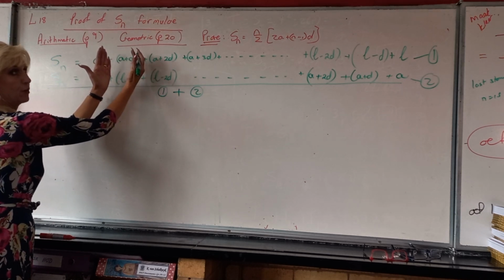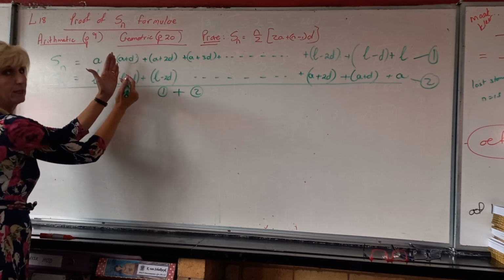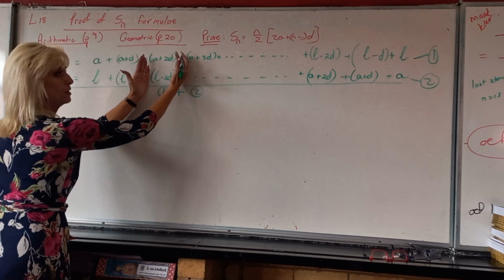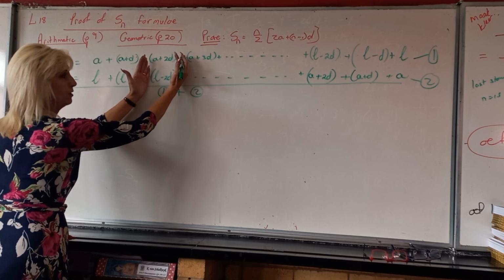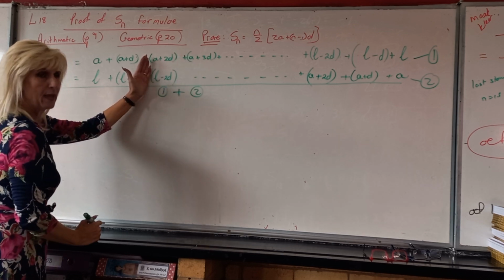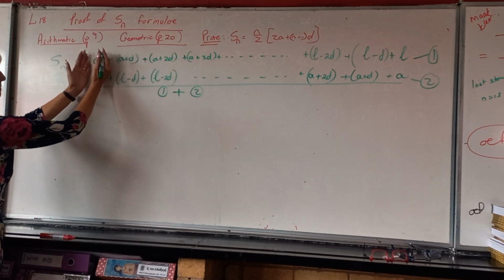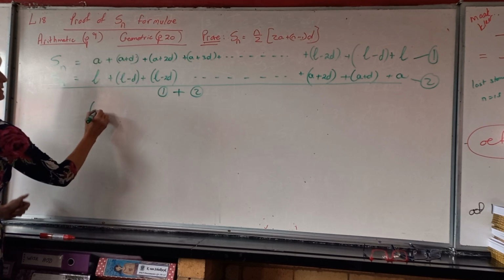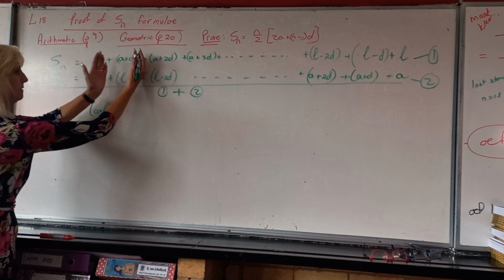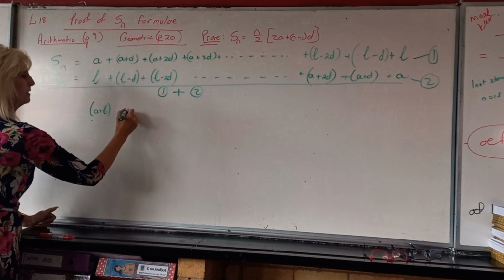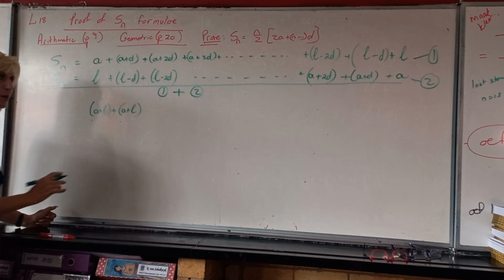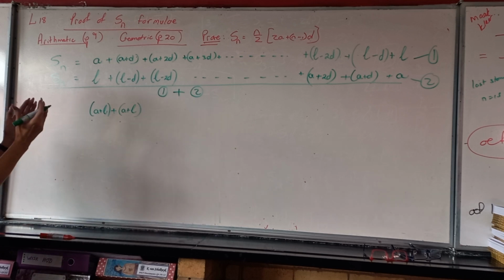The D's are going to be gone. 2D and minus 2D are going to be gone, and you're going to be left with A plus L. So tell me what's left here. If you add them together, A plus L. And here, A plus L. Let's put them in brackets. Brackets don't really mean anything, but I can see it.